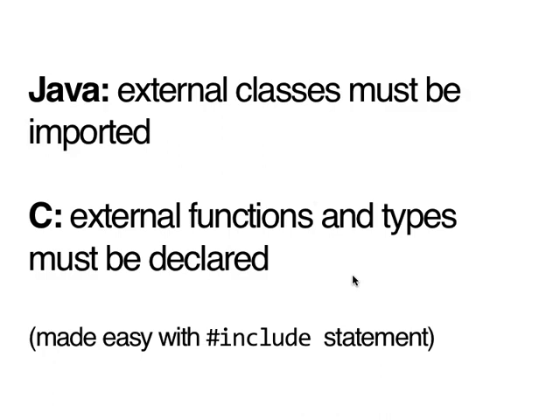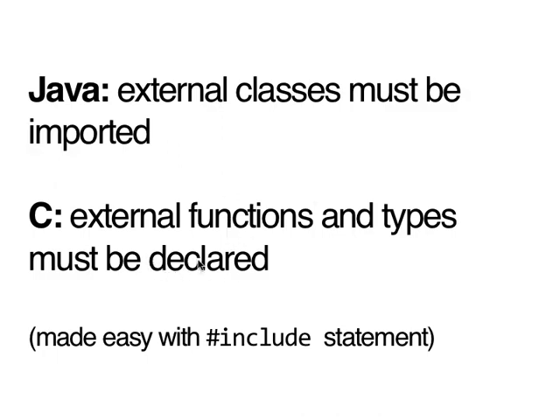In Java, sometimes you want to use external utilities, right? In which case you have to import them. You say import java.util.*, something like that. Right? In C, you don't import things. But if you want to use any external functions or external types, they must be declared.